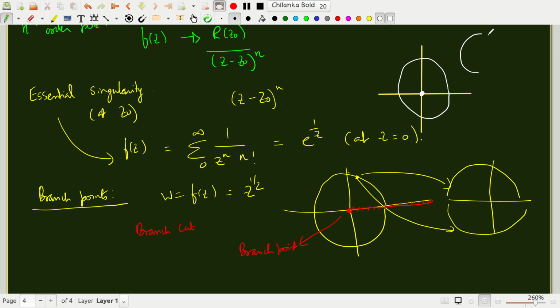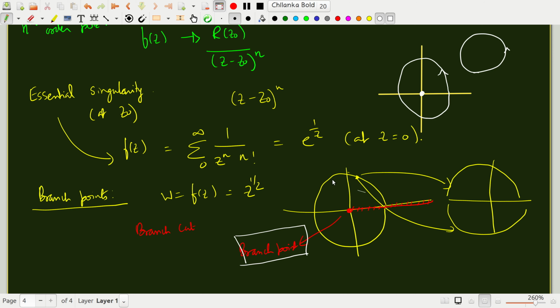Suppose I take a circular path which does not involve the origin, then you will find that there is no multiplicity of f of z. So the branch point is a very important point because it is closed paths around it that lead to multiplicity. So these are the three kinds of singularities.